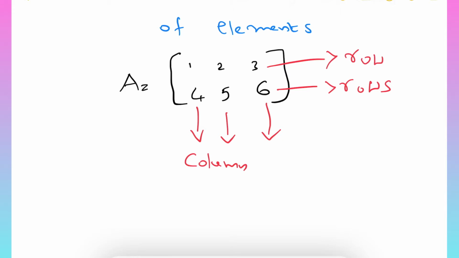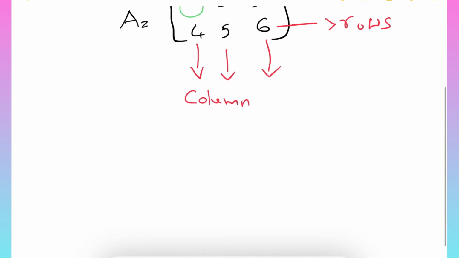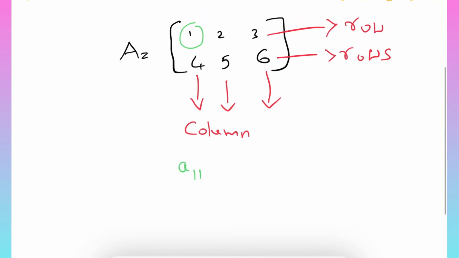Now, how do we number the elements of a particular matrix? Let us check it here. Number 1 is in the first row as well as the first column, so A, first row, first element.